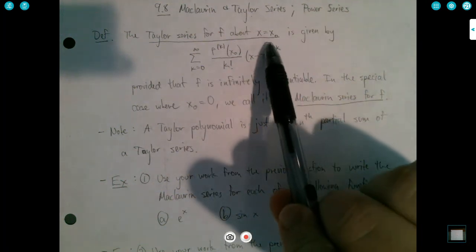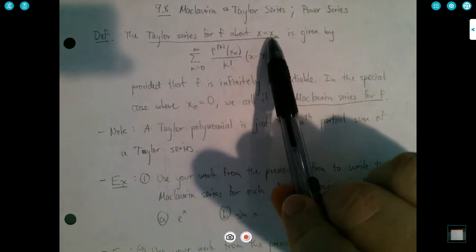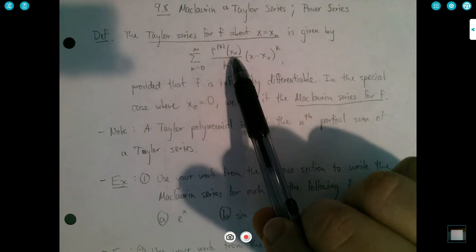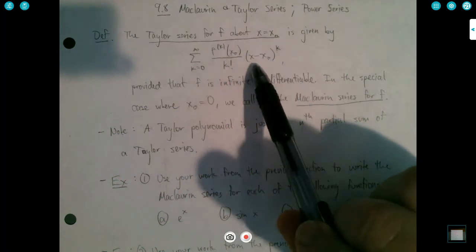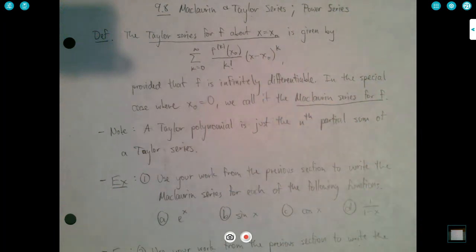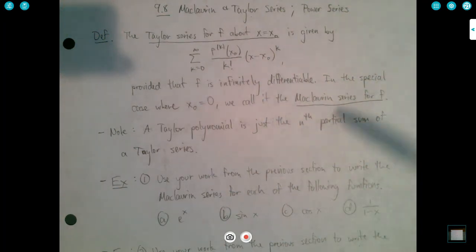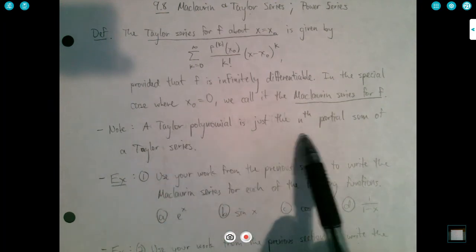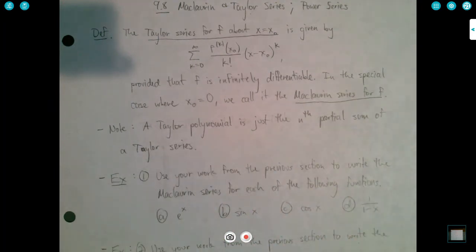It's just that instead of x equals x naught, it's x naught equals 0. So you would just have a 0 here, and this would just be x to the k because x naught would be 0. And then you get the Maclaurin series. So a Taylor polynomial is just the nth partial sum of a Taylor series. They're really pretty similar notions.